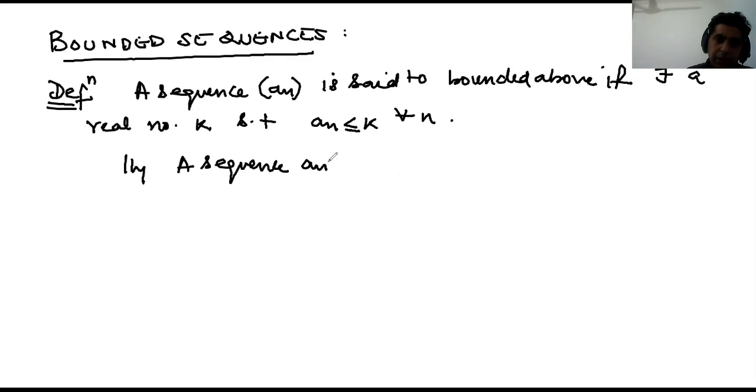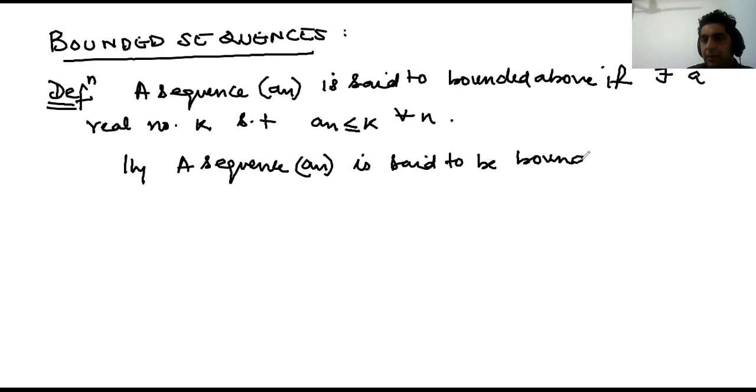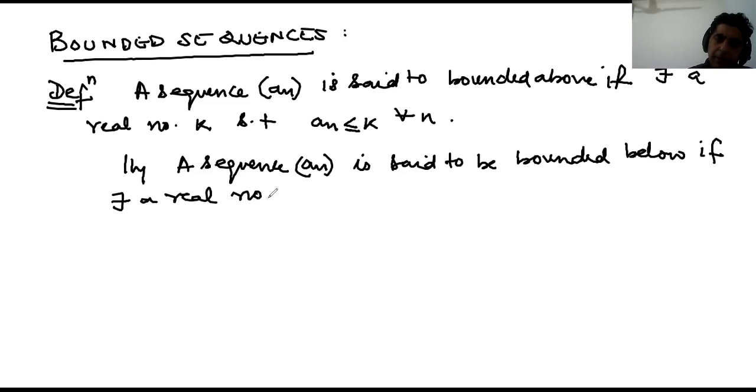a sequence an is said to be bounded below if there exists a real number h such that an is greater than or equal to h for all n. इसको थोड़ा डिफरेंट लेके चलते हैं हम लोग.